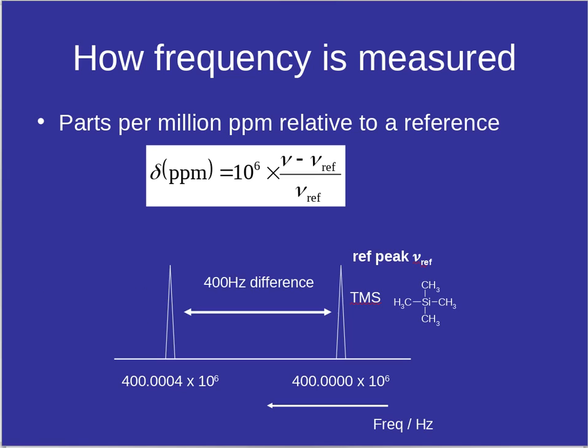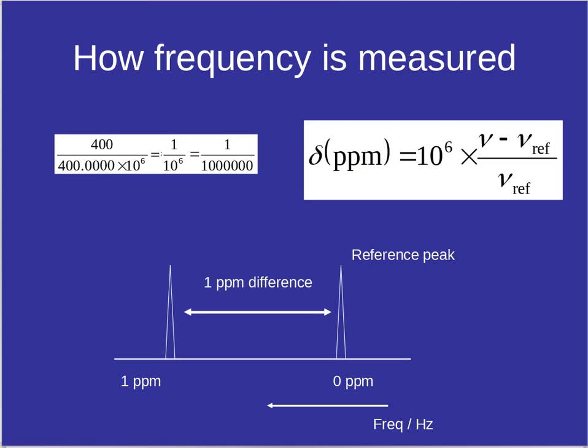So you see there's a 400 hertz difference, or 0.0004 megahertz difference, and if you place that over a megahertz, you'll find that what you end up with is 1 over a million. And then if you times that by a million, you'll find that that is a 1 part per million difference.